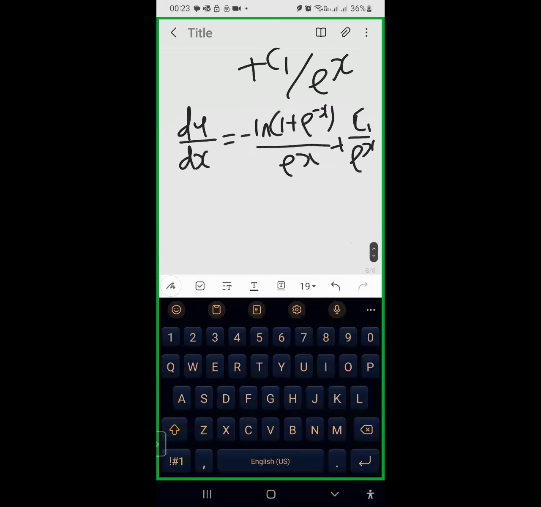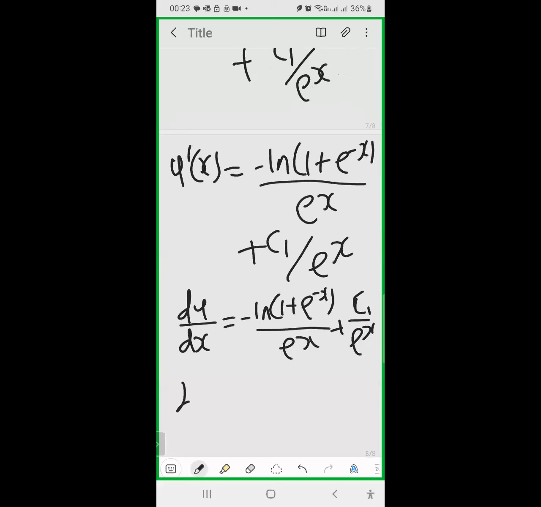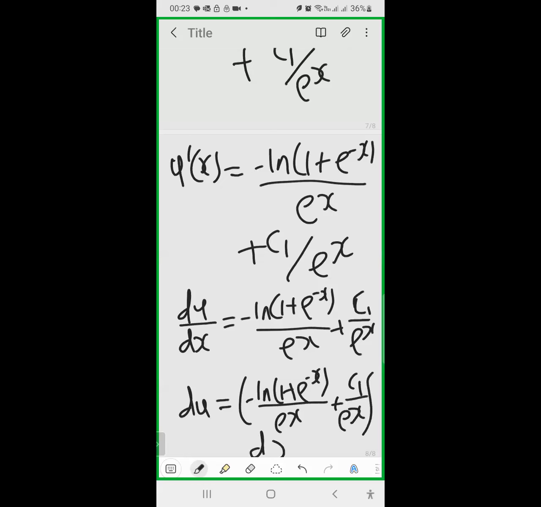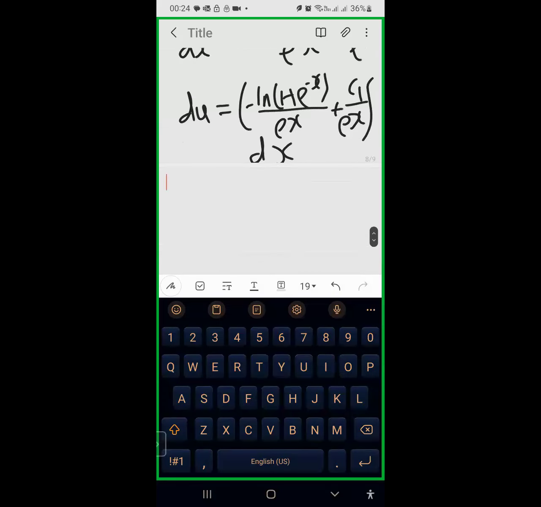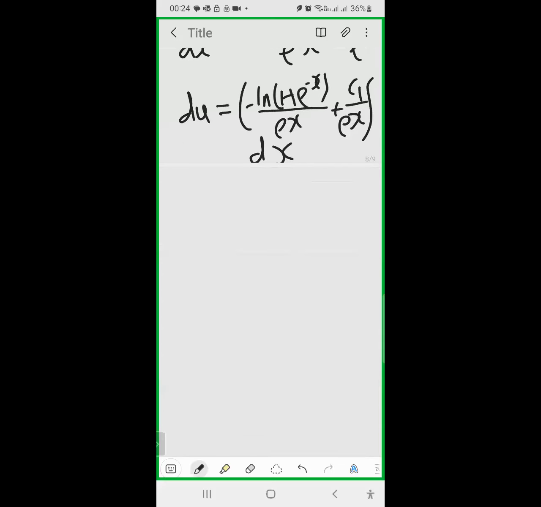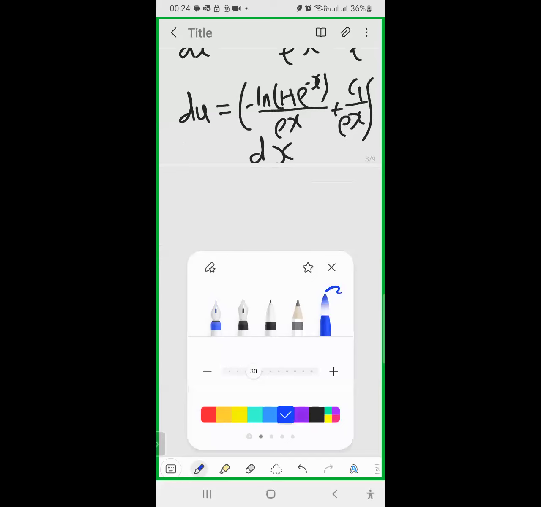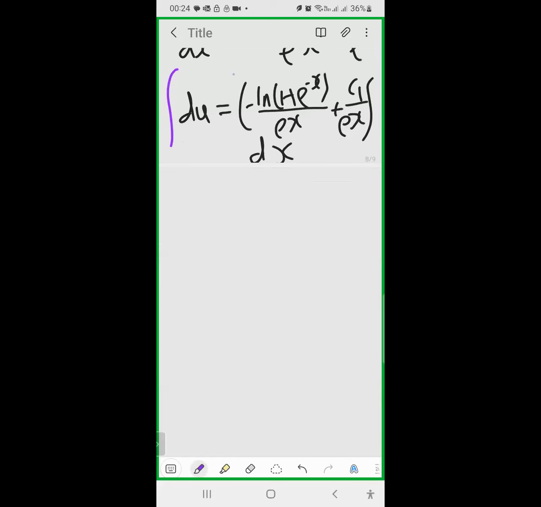Then from here, a separation of variables: du will be equal to minus the ln of 1 plus e to the power minus x divided by e to the power x plus c1 over e to the power x. And then we multiply this whole thing by dx. Now we're going to integrate both sides of the equation.